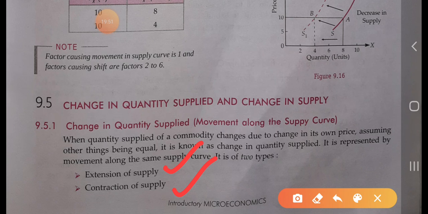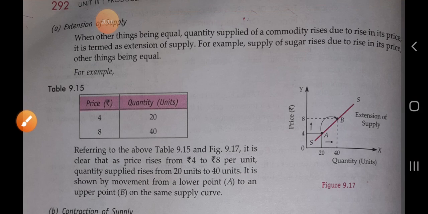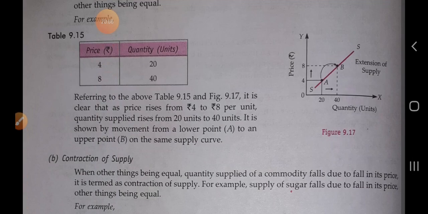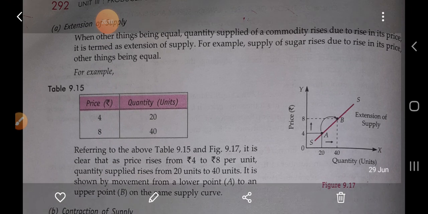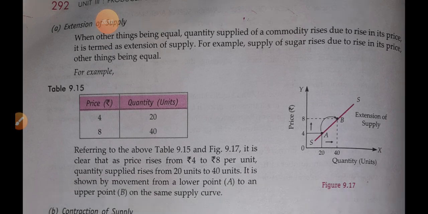We have already studied in the case of demand, extension of demand and contraction of demand. So in supply we will study the extension of supply and the contraction of supply. Okay, now what is extension of supply? When other things being equal, quantity supplied of a commodity rises due to rise in its price, it is termed as extension of supply.